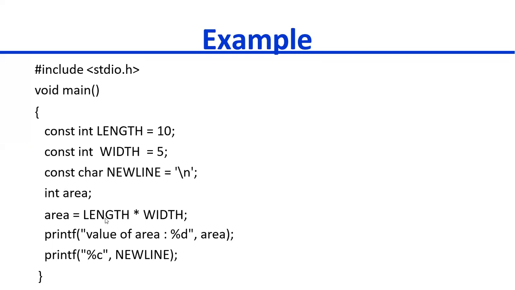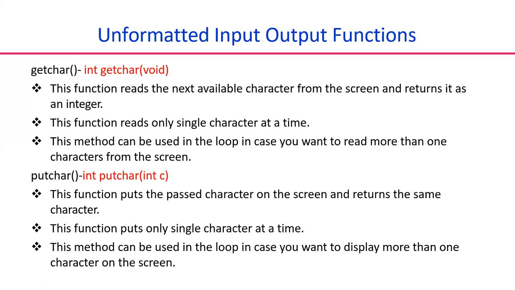Now we find the area, which is length into width, and after you compile and execute it, we get the output as 50 because the length is 10 and the width is 5. So that's about the two different ways in which we can declare constants, and how they are used in the program and how we get the output of the program is what we have seen so far.